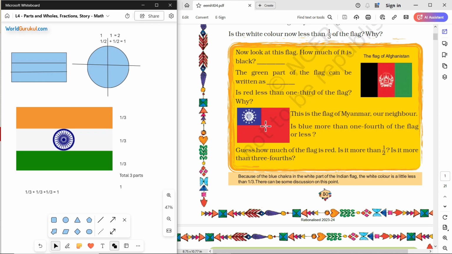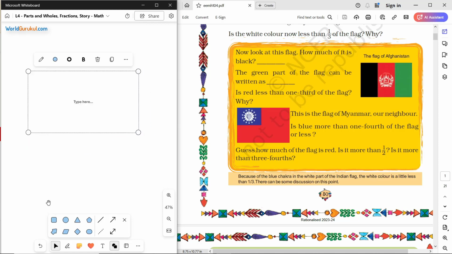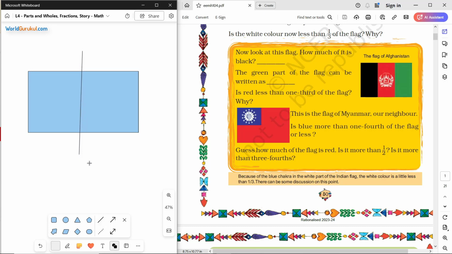And it's approximately 1/4. If you cut a rectangle into half and another half, this blue insignia is on the left top corner. So it is approximately 1/4 of the total flag, right?